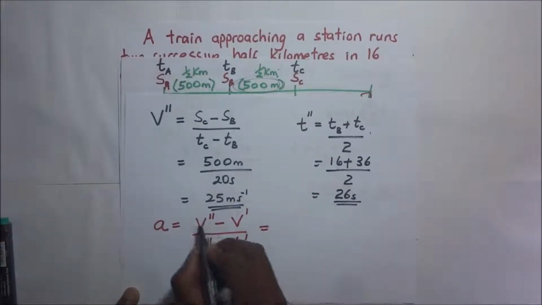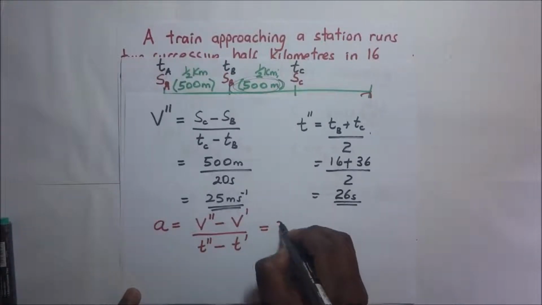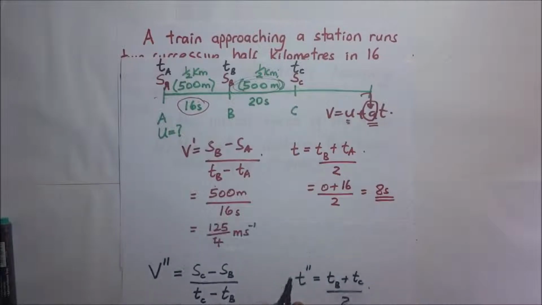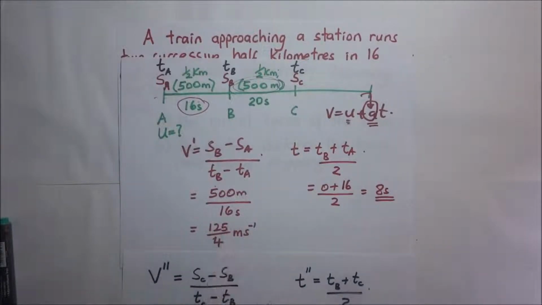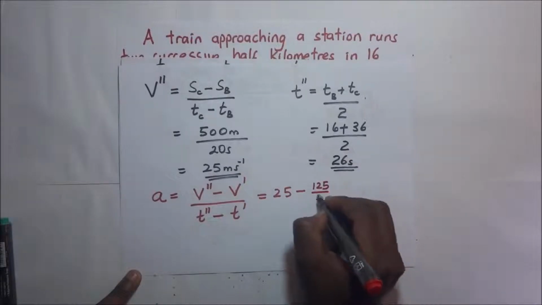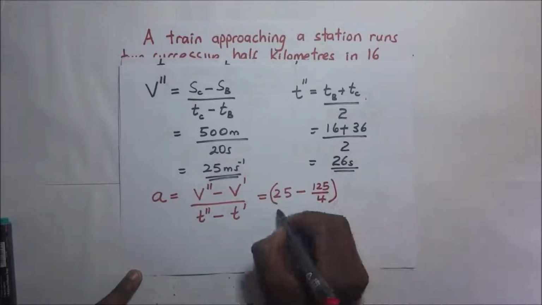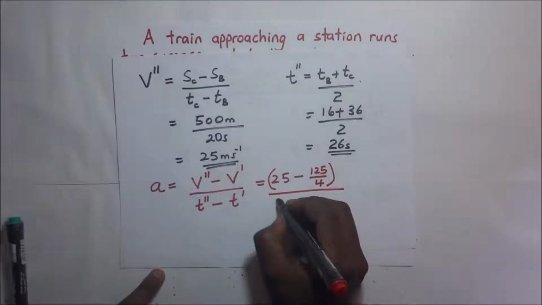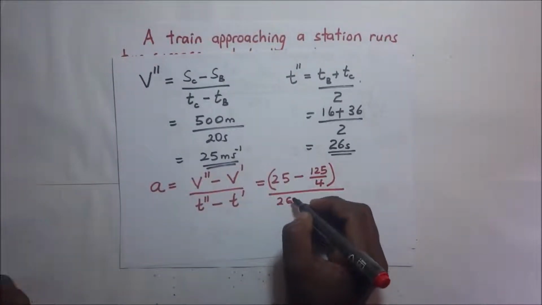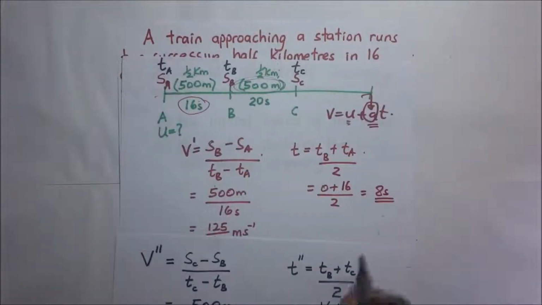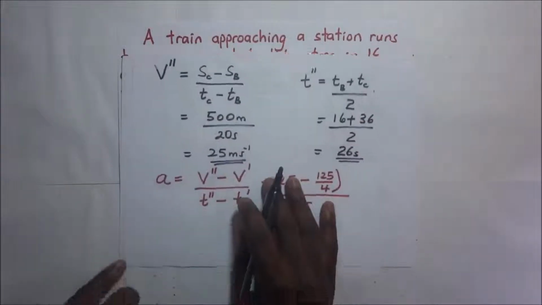Our V prime prime we got as 25, minus V prime, which is 125 over 4, divided by T prime prime, which is 26, minus T prime, which happens to be 8 seconds.